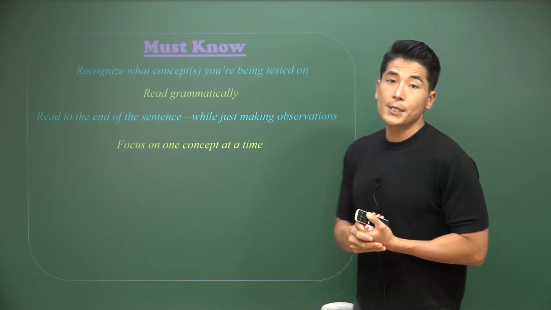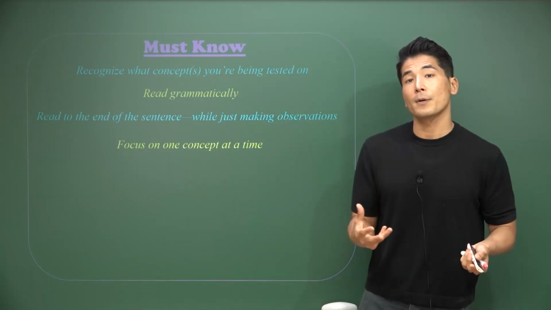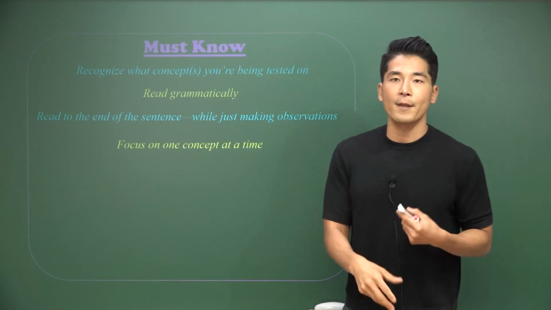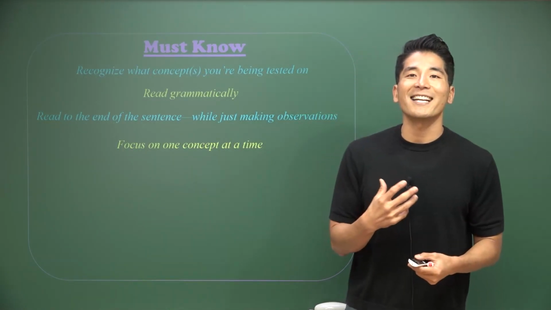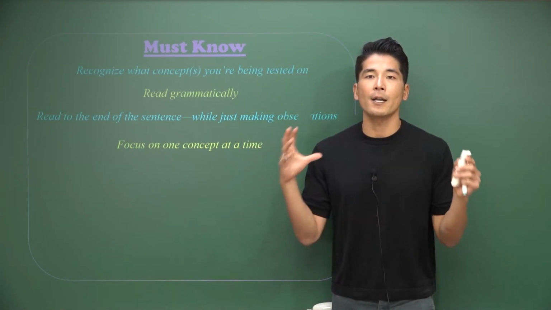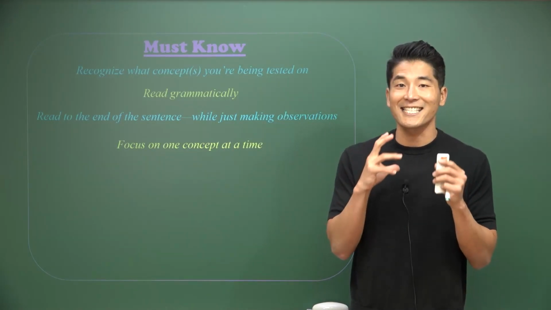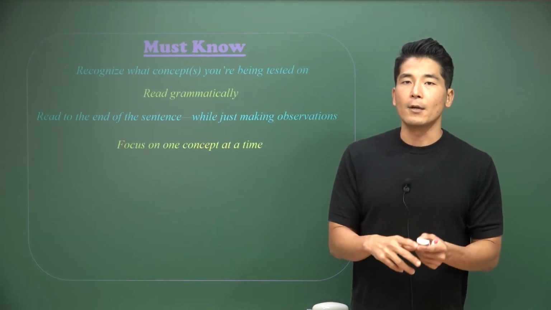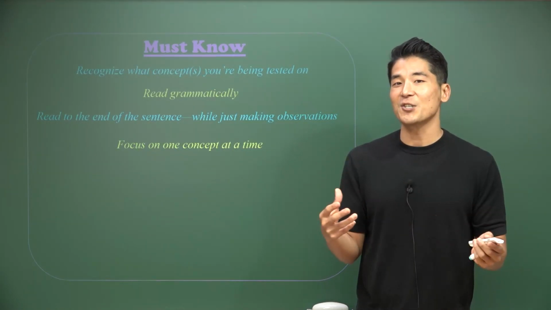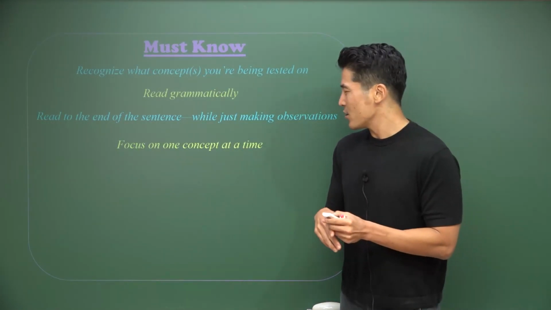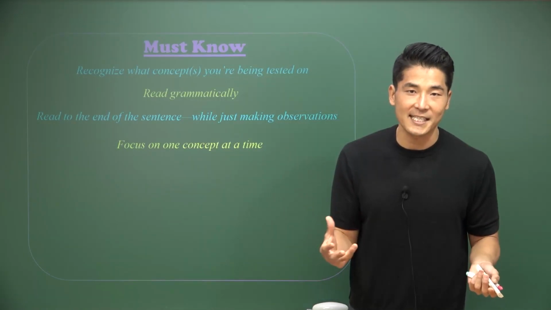And also remember, the SAT is notorious for testing you on more than one concept for one particular question. So the way that you want to combat that is to focus on one concept at a time. Don't try to be superheroes and think that you're super awesome multitaskers, thinking that you can do more than one thing simultaneously. Don't do that.